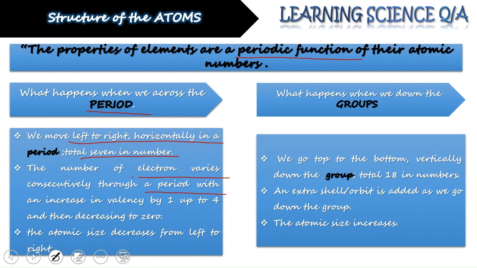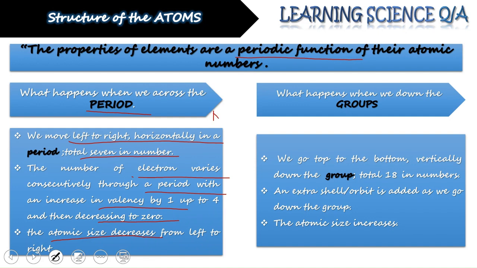It also increases the valency of the element from 1 up to 4, and then it decreases to 0 upon the attainment of the octet configuration. Also, the atomic size decreases as we move left to right. Now, what is the reason behind it?